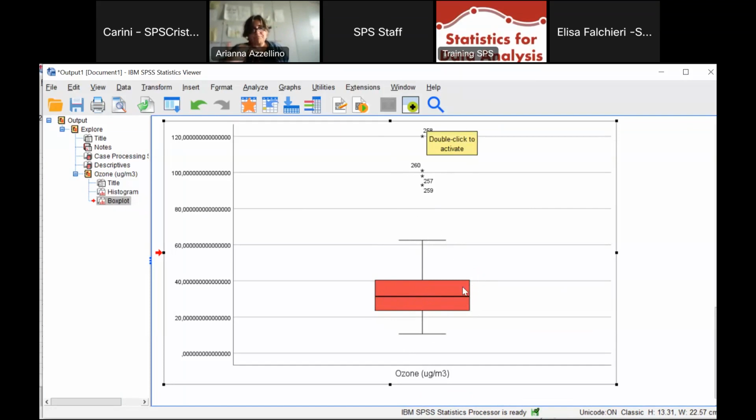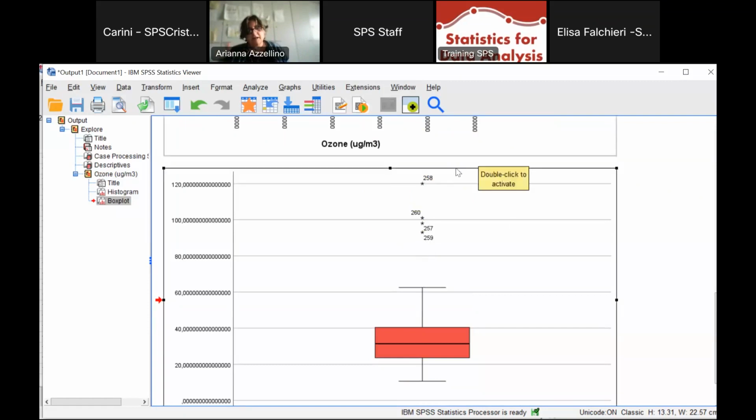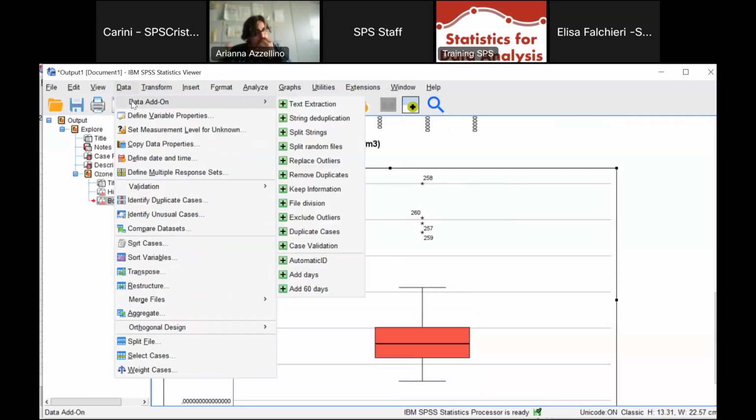So we might decide, especially if we have additional suspicion that these measurements could be errors of the measurement or of the sensors employed for this purpose, to quickly get rid of these outliers. I will use a specific add-on which we can find under the data menu.